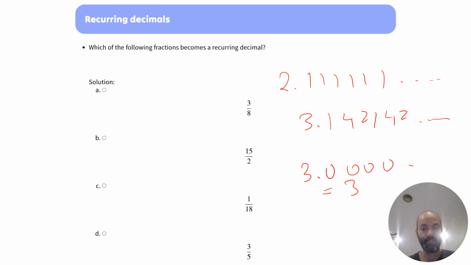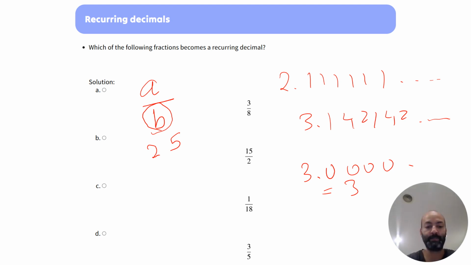So what this means is that for a over b to be a recurring decimal, the number b, our denominator, must have factors other than 2 or 5 and their powers.